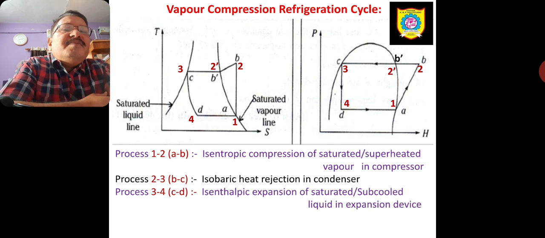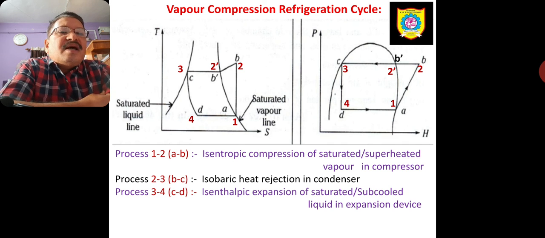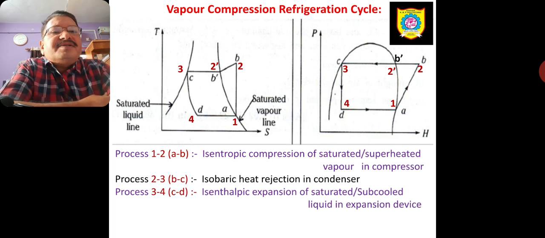So the liquid may be saturated or subcooled after condensation, and that is entering inside the expansion device, and the process 3,4 is nothing but the isenthalpic expansion of the saturated or subcooled liquid which takes place in the expansion device.